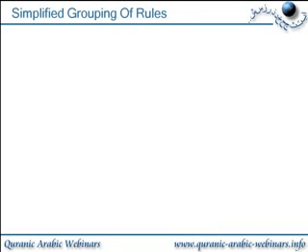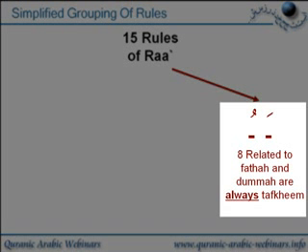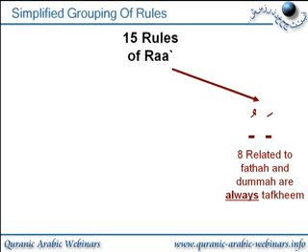So let's do a recap of the three major groupings that you've got to remember, and hopefully this will be much simpler now. So 15 rules, and all you've got to remember: if the ra is related to a dhamma or a fatha, it will be tafkheem.